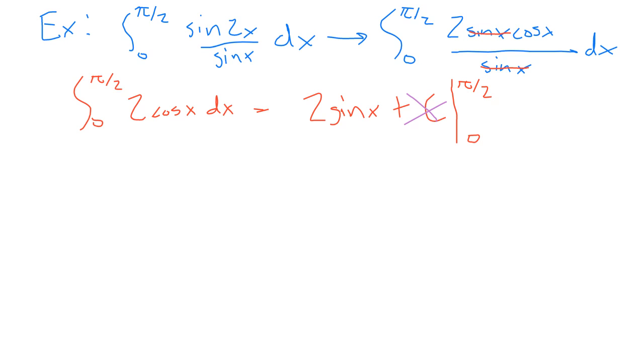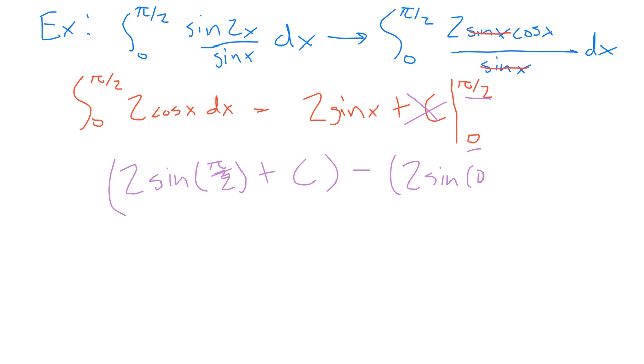So what we're going to do is go ahead and plug in our upper bound. So it's going to be 2 sine of pi over 2. And really, we can go ahead and write that plus c just to show. Minus, and then we're going to subtract that with our lower bound plugged in. So 2 sine of 0 plus c.